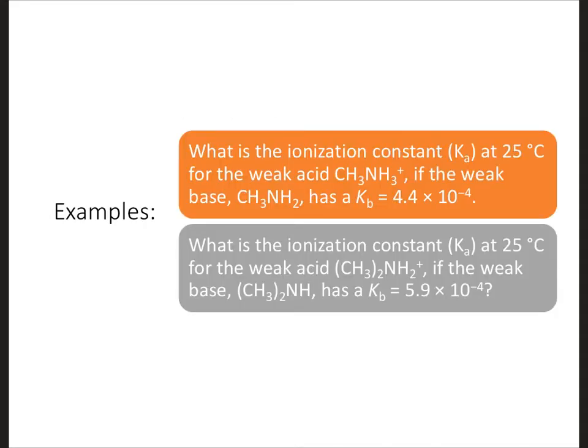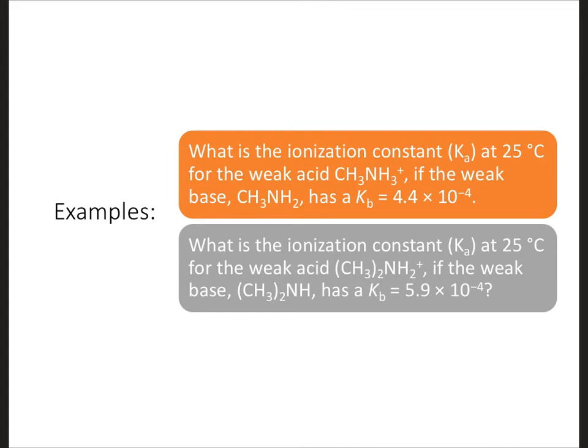Here are 2 examples of how you might go about that. One question says, what is the Ka at 25 degrees Celsius for the weak acid CH3NH3+, if the weak base CH3NH2 has a Kb of 4.4 times 10 to the minus 4.